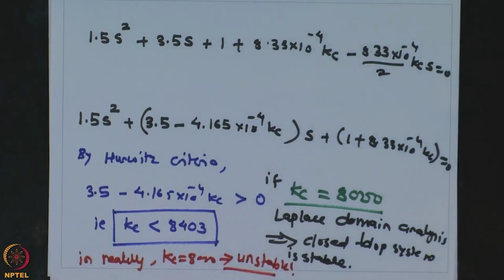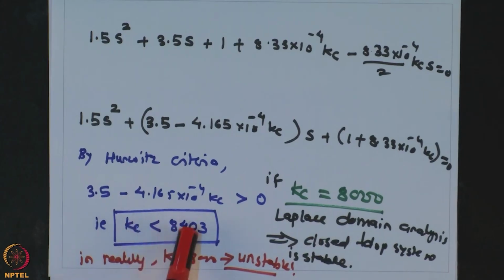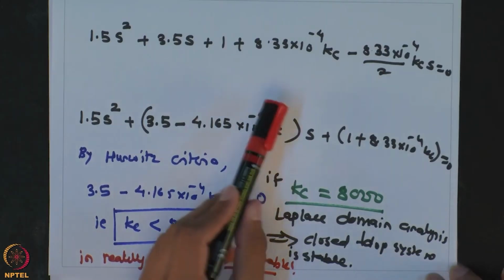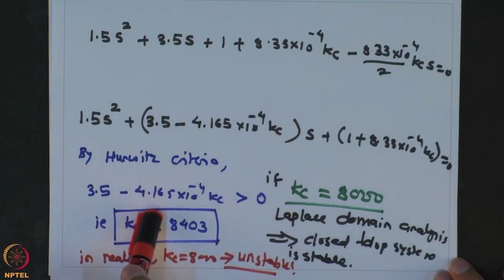So why is this happening? My Laplace domain analysis is telling me that the maximum controller gain I can use is 8400. However, even if I use Kc equal to 8000, for this system the oscillations are growing and I get instability. The reason is that in this stability analysis we are approximating the delay by the Padé approximation as a proper transfer function of numerator and denominator, which is not true because that is an approximation.